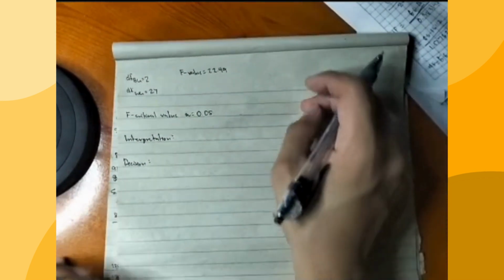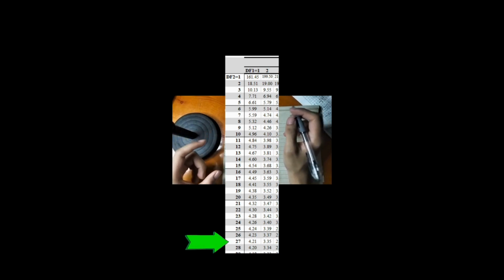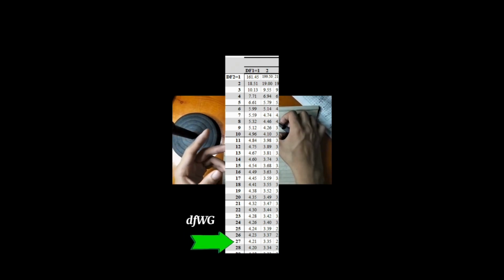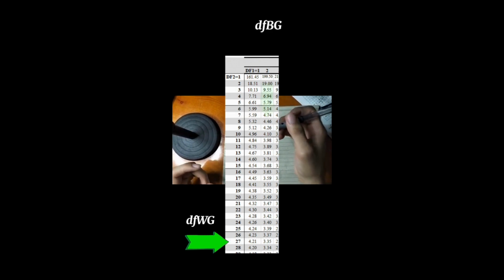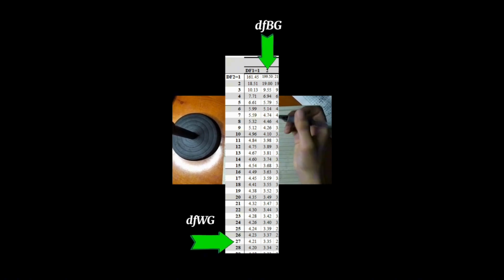Here's the DF table, and in the left is the degrees of freedom within the group, or the 27, and in the top is the degrees of freedom between the group, or the 2.